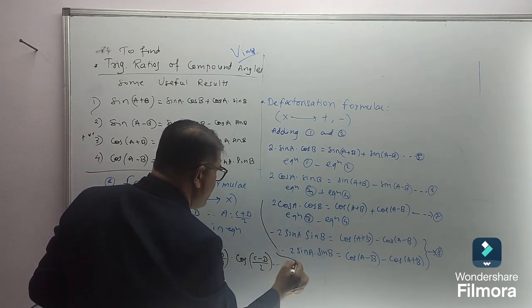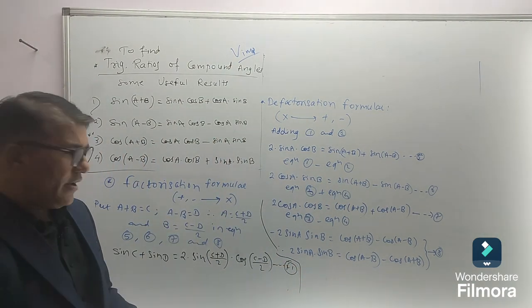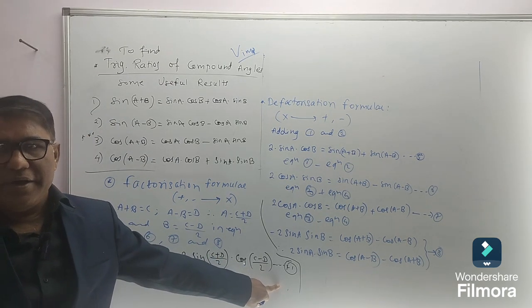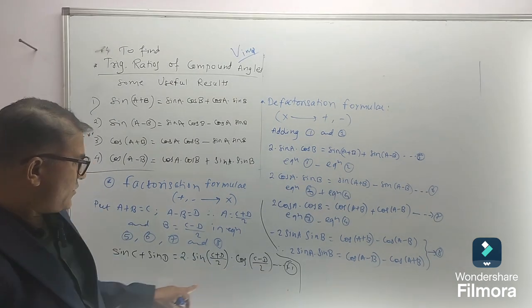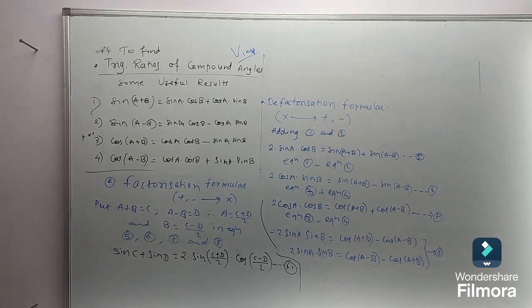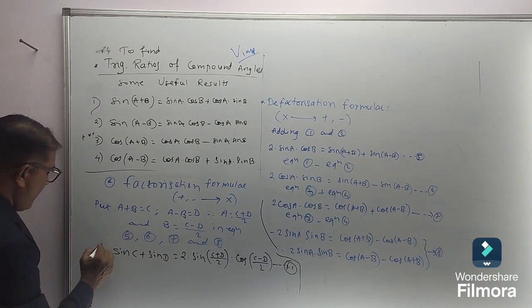I am naming it as F1. Factorization formula F1. Similarly, we can write second, third, and fourth. Substituting in second, what I got?